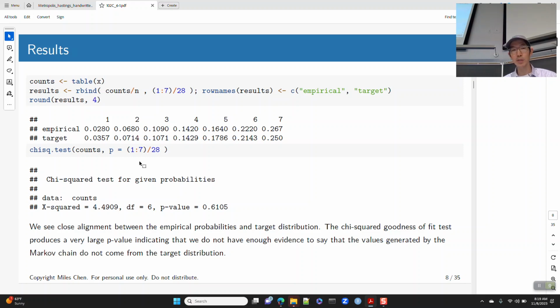So I'll run a chi-squared test between the counts and the target probabilities, and I get a p-value of 0.6105. And that tells me right now I do not have evidence that my empirical results are in conflict with the hypothesized results in the null hypothesis. That is my target probabilities.